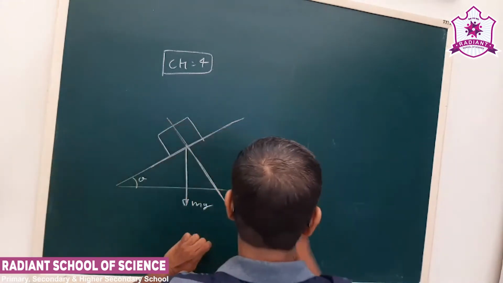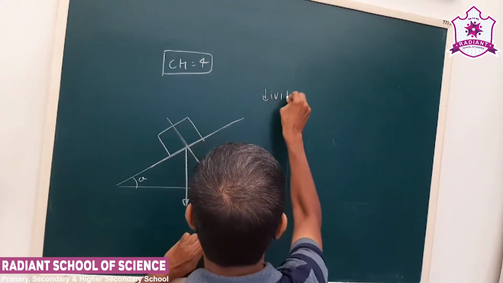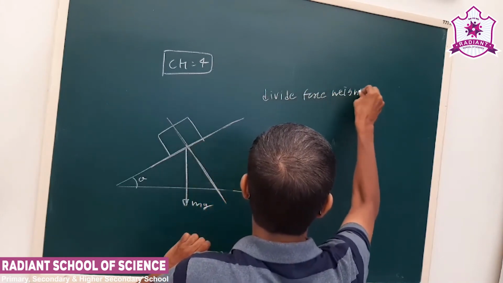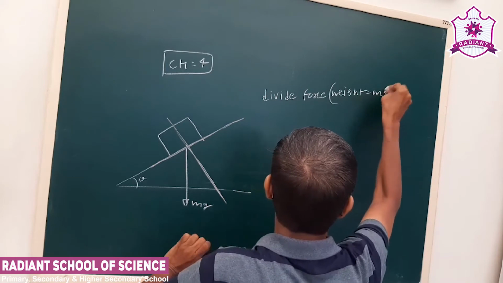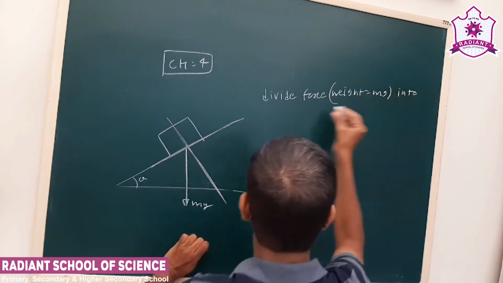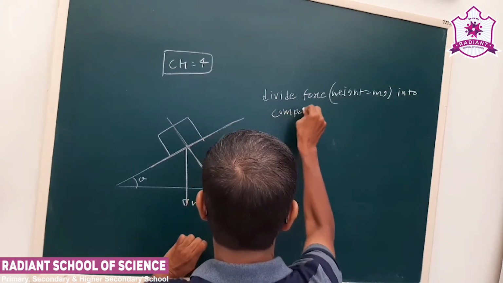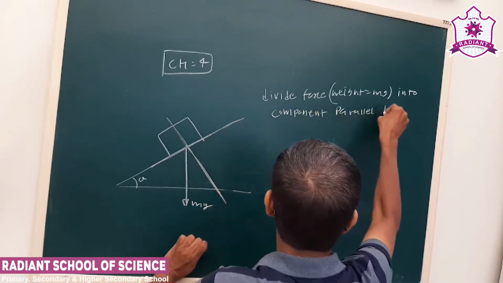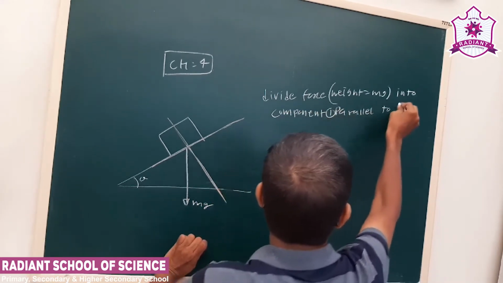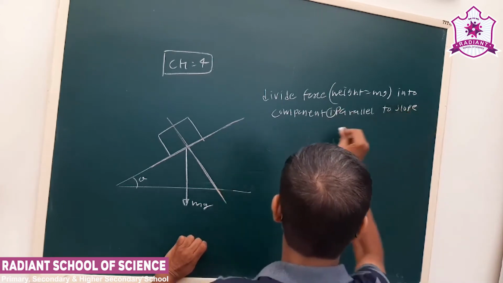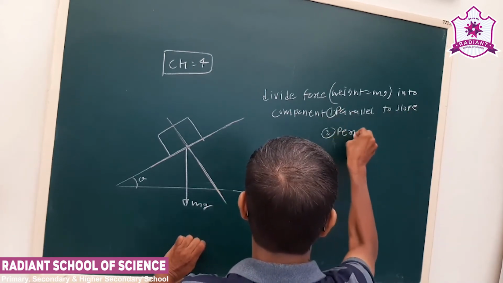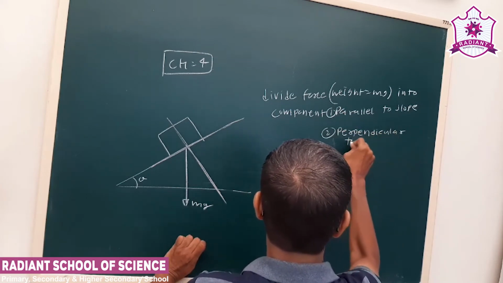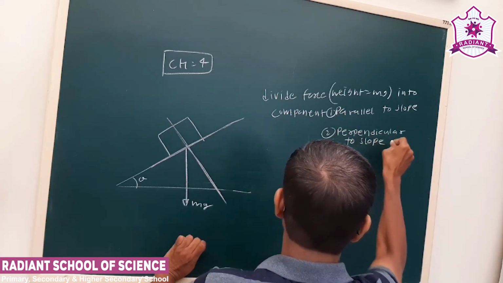See, we have to divide the force or weight mg into components parallel to the slope.